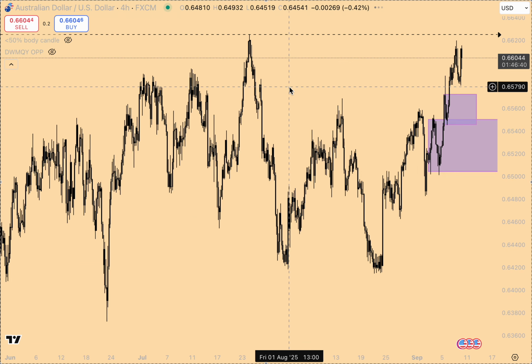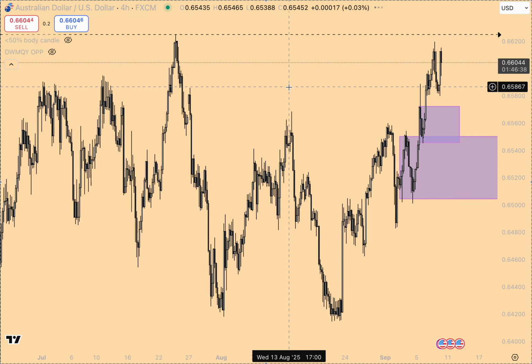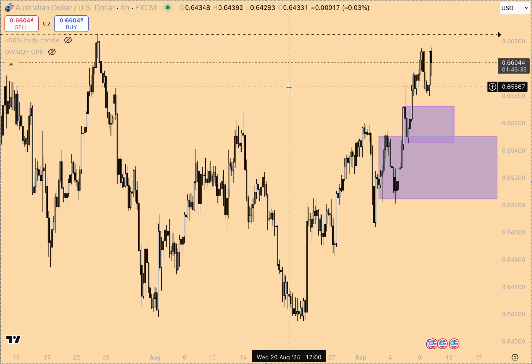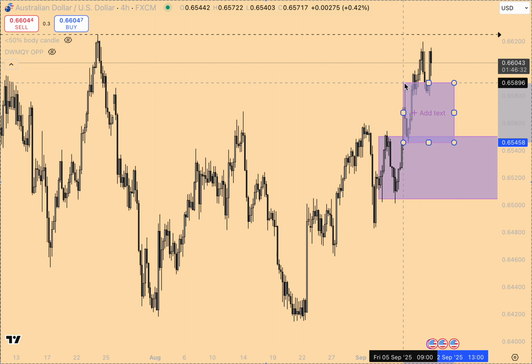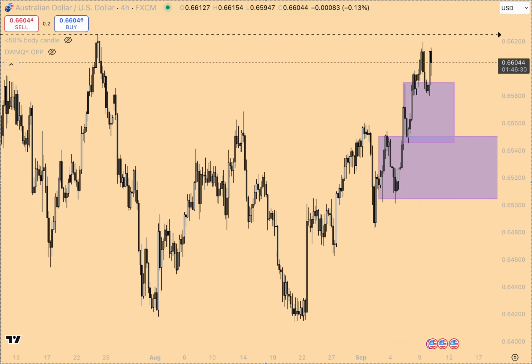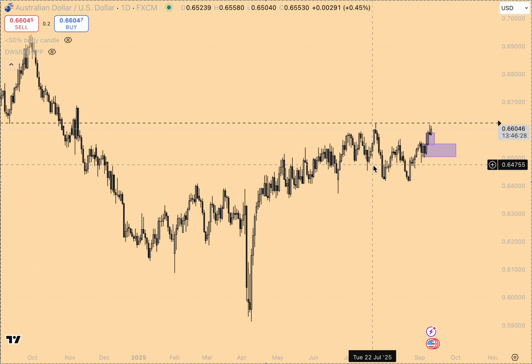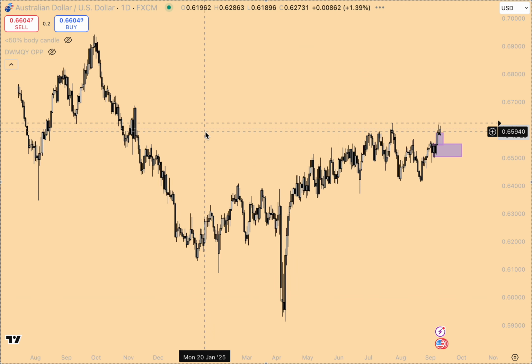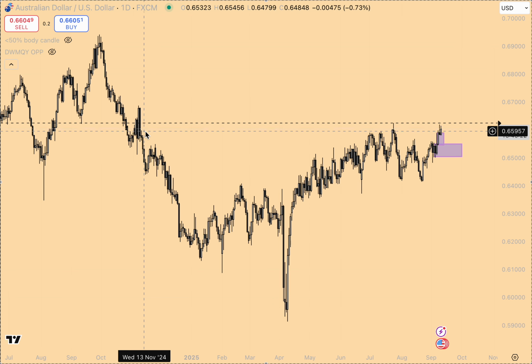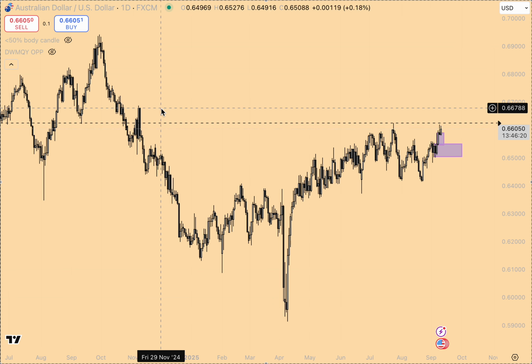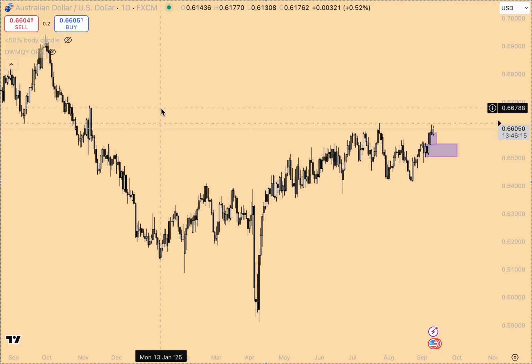Now with respect to Aussie dollar, all we're doing now is just looking for higher prices, right? If we look to the left, there's no real sweet area of liquidity until this high, this 0.6678 high.